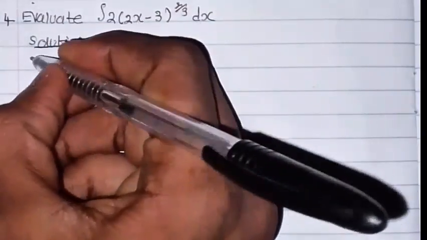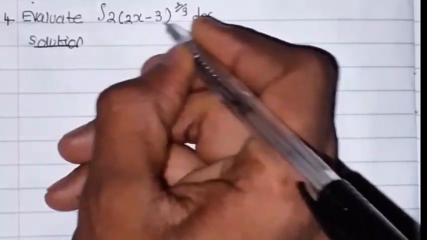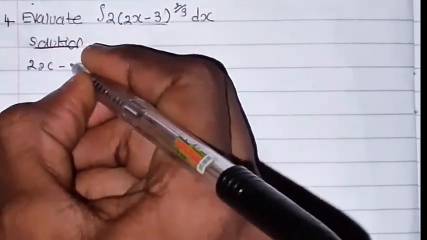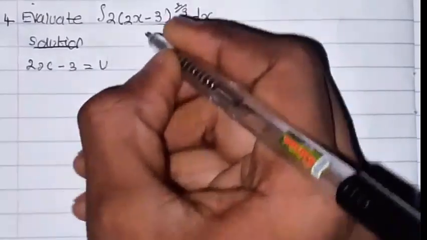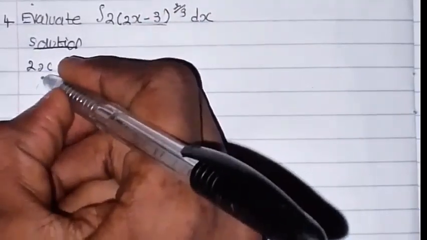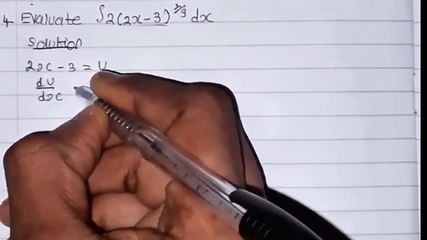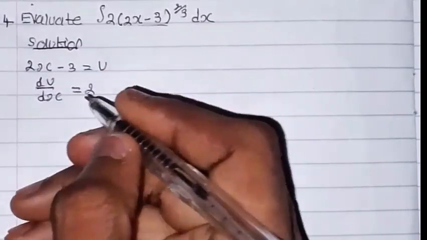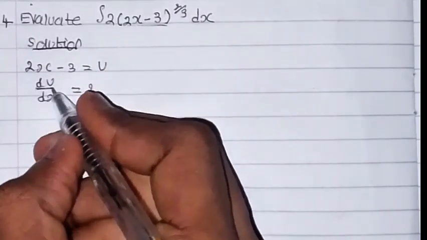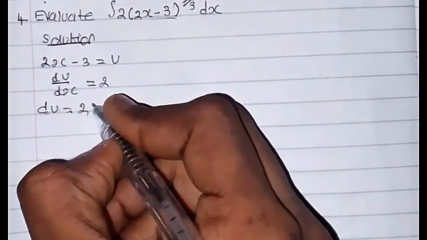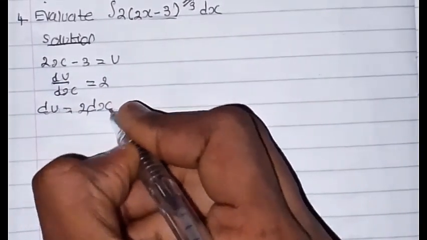So I can say that, for example, let me represent 2x minus 3 with a constant. Let's say that 2x minus 3 is equal to u. If I differentiate it, du with respect to x, we'll get 2. So this is equal to 2. I can make du the subject of the formula, saying that du is equal to 2 dx.